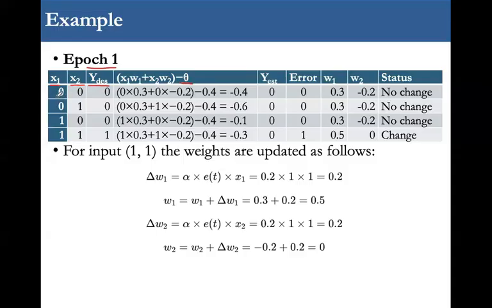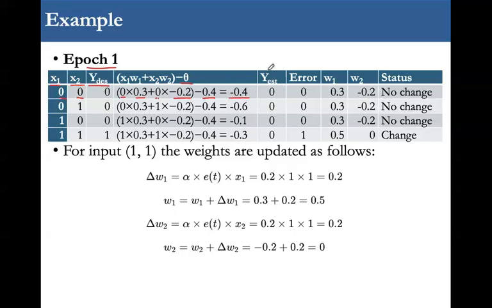Now we need to calculate if x1 is equal to 0 and x2 is 0, then how it looks like. x1 is 0 into w1 is 0.3 plus x2 is 0, w2 is minus 0.2 minus theta. Theta is 0.4, which is equal to, when you calculate this expression, you get minus 0.4.